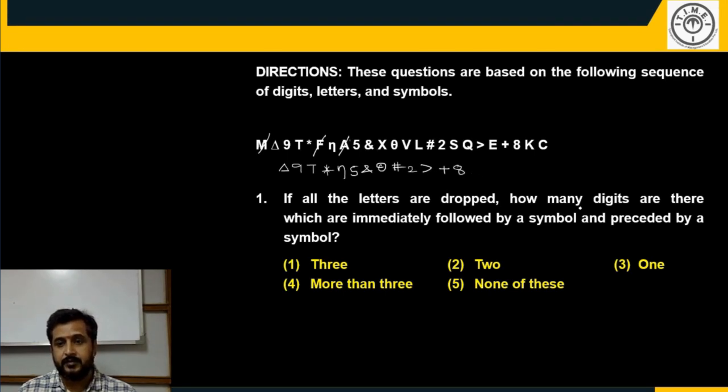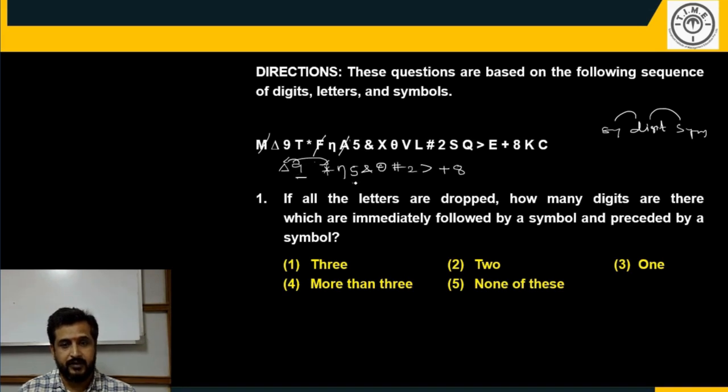If all the letters are dropped, how many digits are there which are immediately preceded and followed by a symbol? So we are looking for digits preceded by a symbol as well as followed by a symbol. Even T will not come, because all the letters are dropped. So 9 is immediately preceded and immediately followed by a symbol, right?